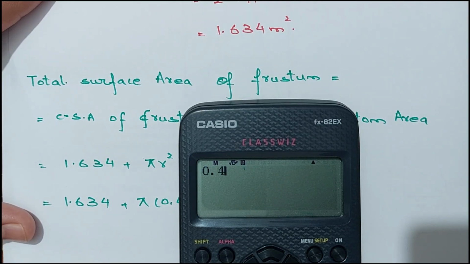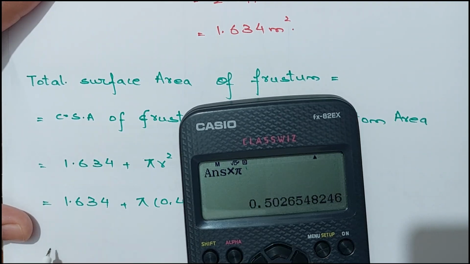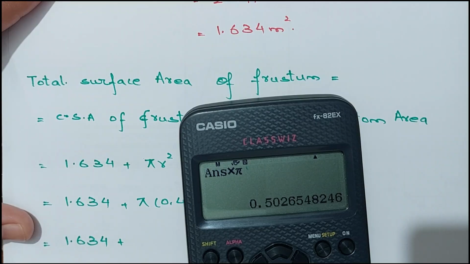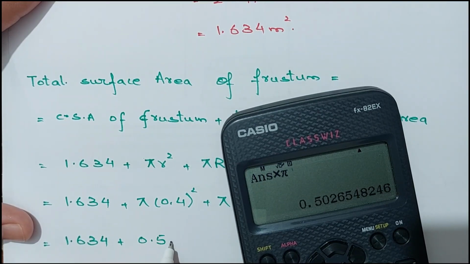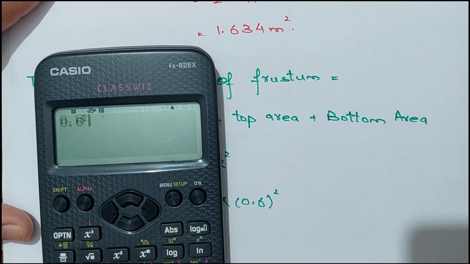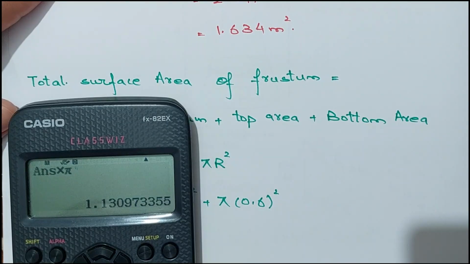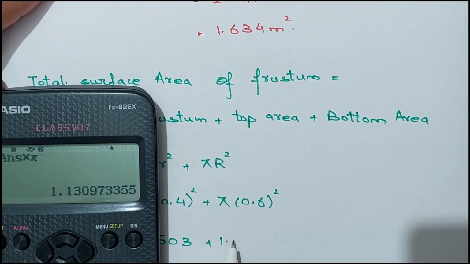Okay, 0.4 square times pi. 1.634 plus, we can say, 0.503, and 0.6 square times pi is 1.131, to 3 decimal places.